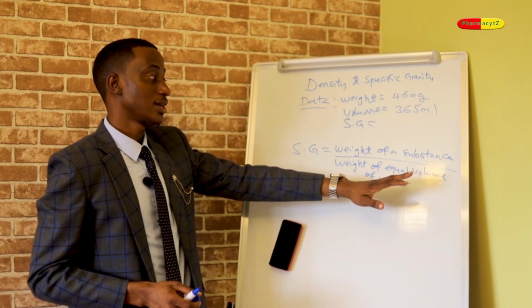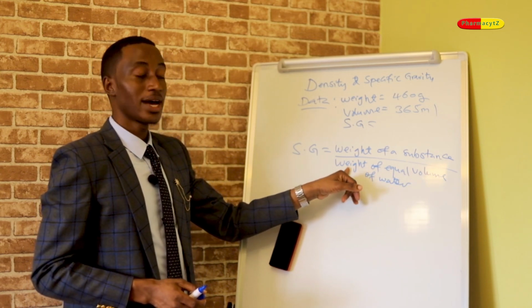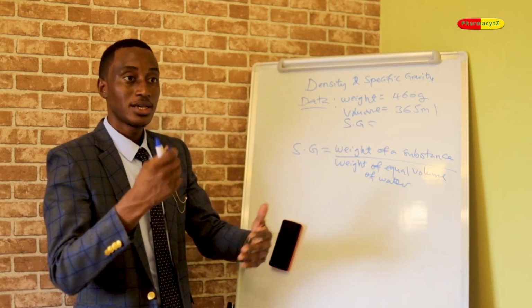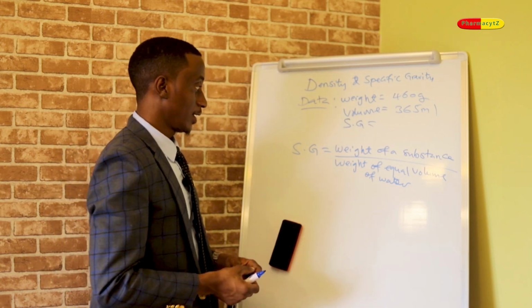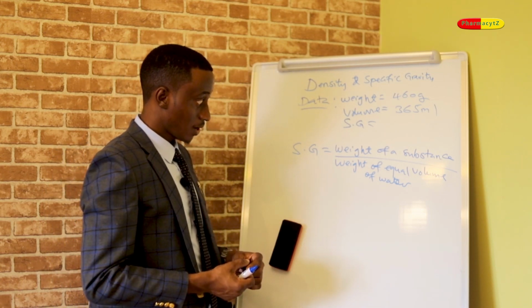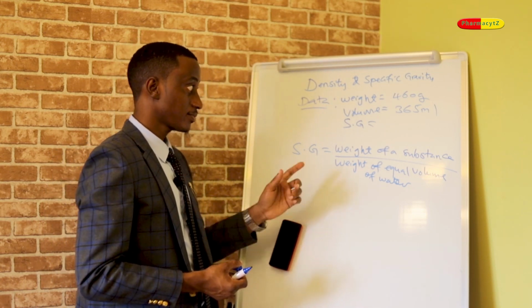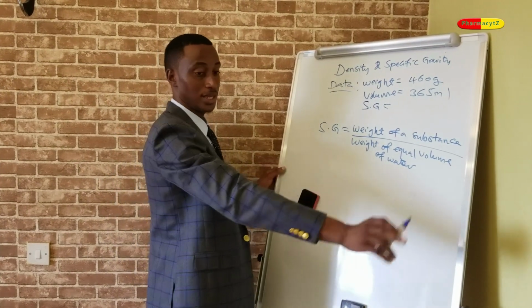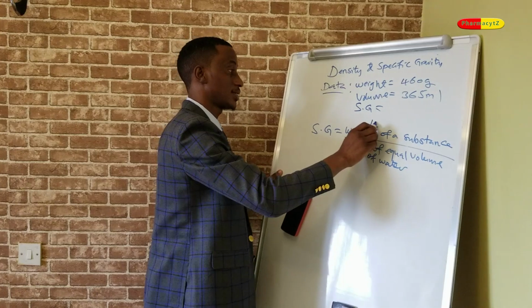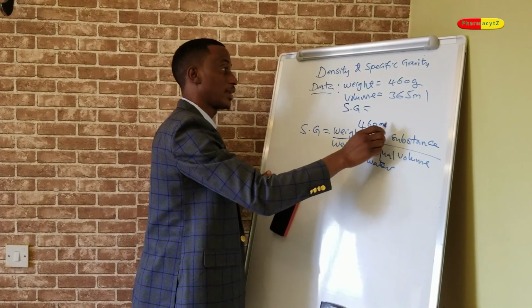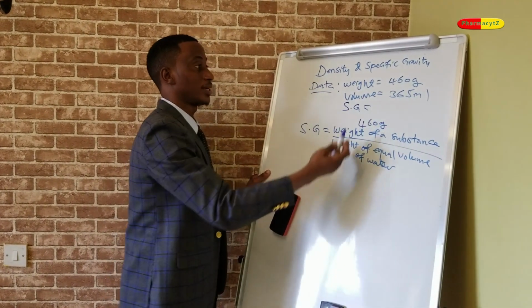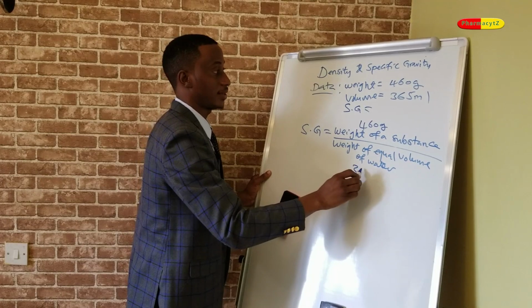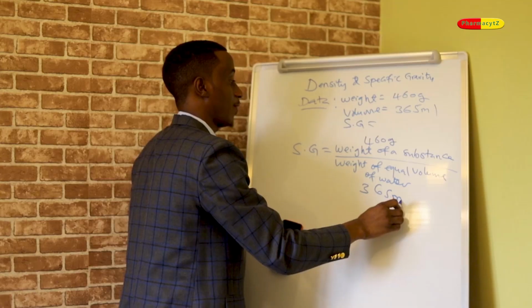And in this sense, any kind of weight or volume shall be switched into either or. So weight of a substance, according to this, our substance is glycerol. What is the weight? The weight is 460 grams. And weight of equal volume, that is 365 mils.